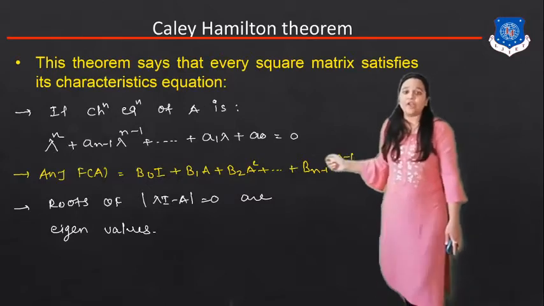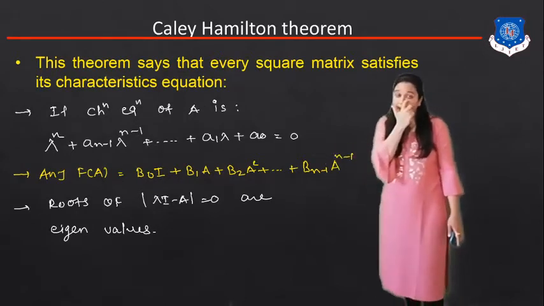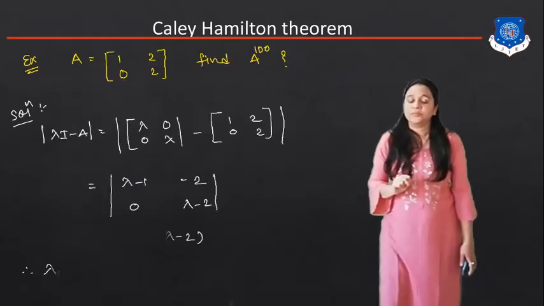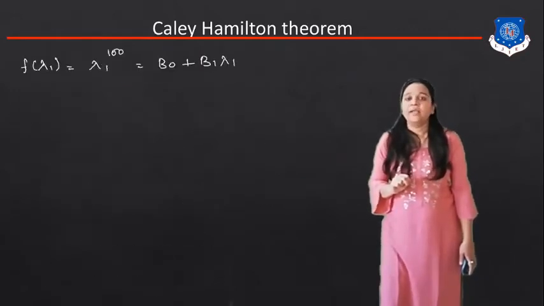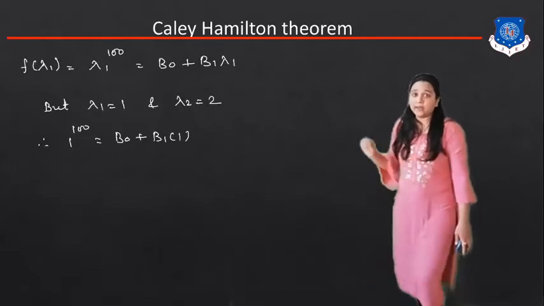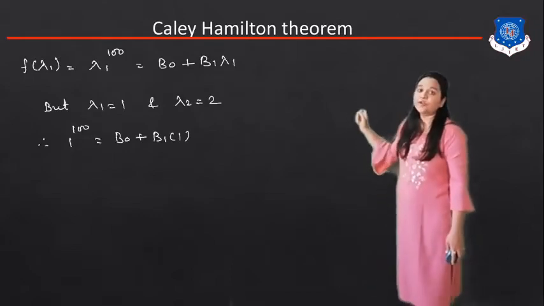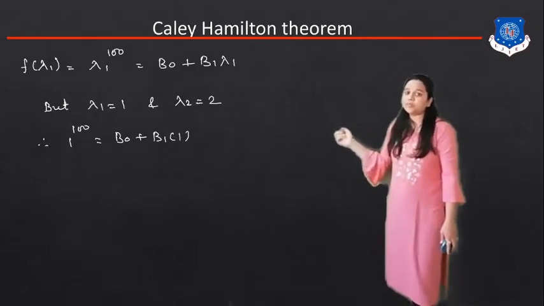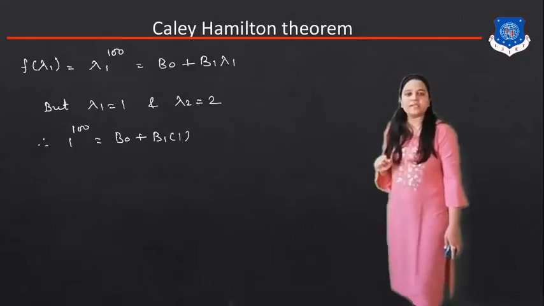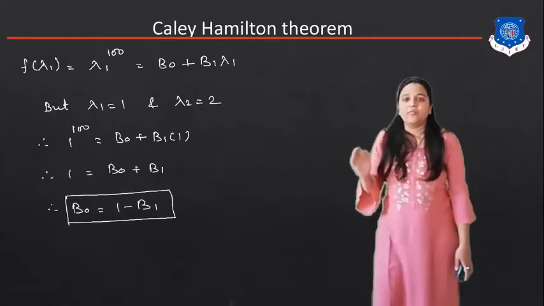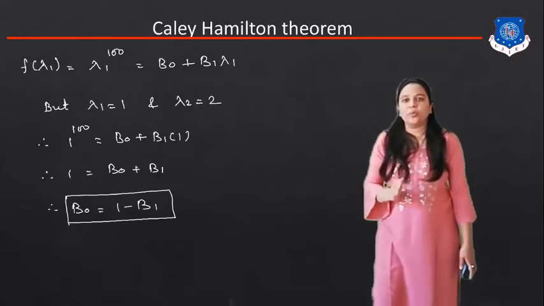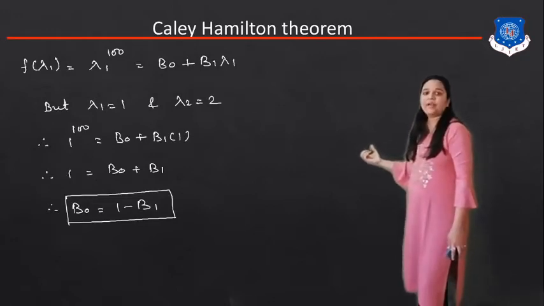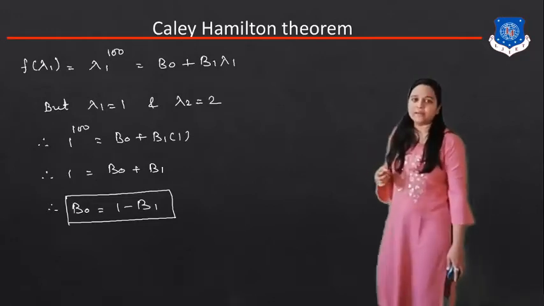We have the I matrix and the A matrix, and we get the two lambdas, so we can put the value of lambda in this equation. Lambda 1 is equal to 1, so 1 raised to 100 is equal to b0 plus b1 into lambda 1, and lambda 1 is 1. So we get 1 equal to b0 plus b1, so b0 is equal to 1 minus b1.